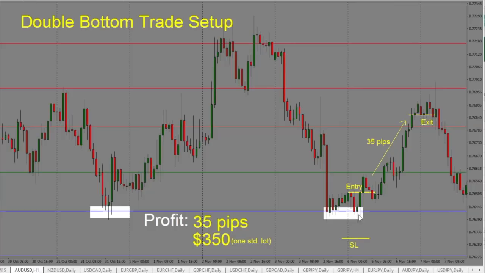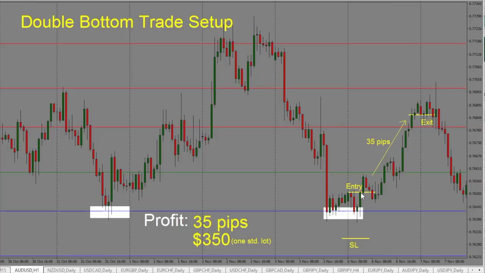So in this case, we have a bullish pin bar here, which is a good sign. And we also have then a bullish engulfing candle. So that is really good. That's a strong bullish candle, which shows us that price is not willing to go below this level.